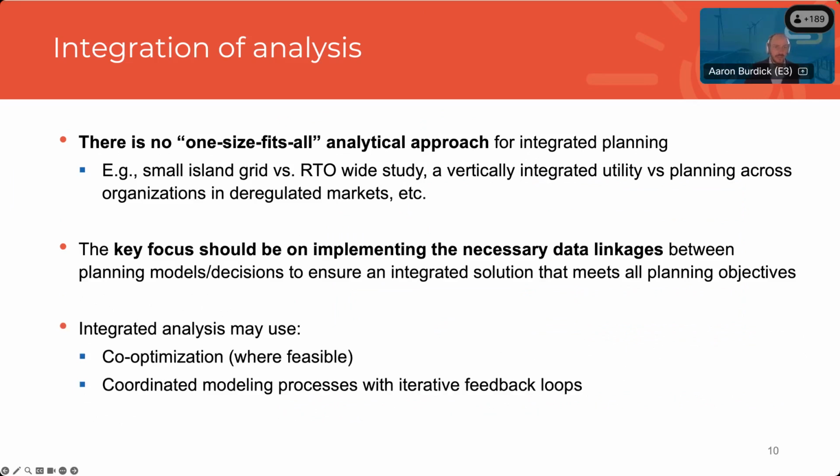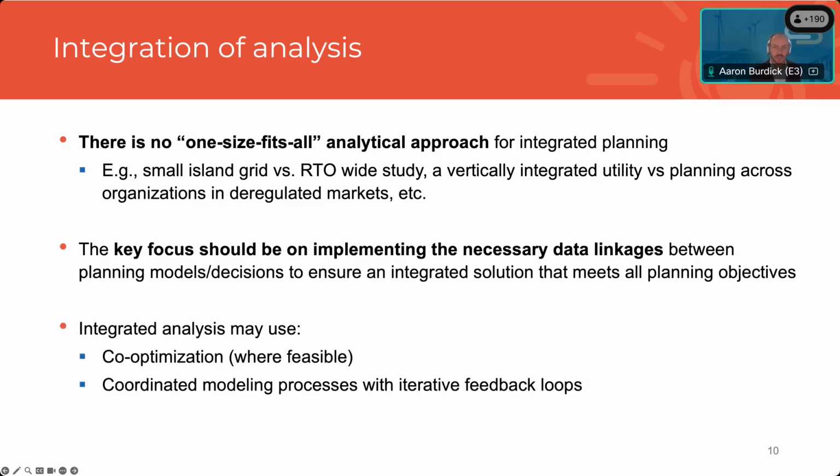For integration of analysis, I'll start off by saying there's no one-size-fits-all approach. So you can think about integrated planning on a small island grid like Hawaii. It's going to look much different than planning the ISO New England system. We have a variety of regulatory regimes in the US and across the world.